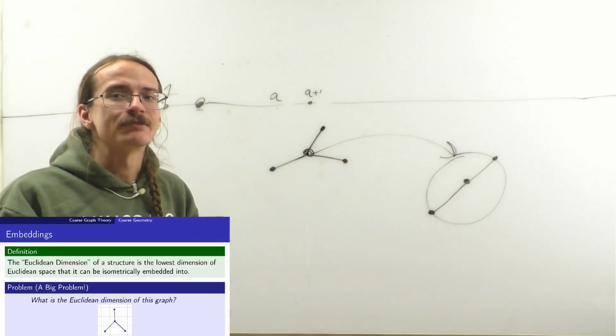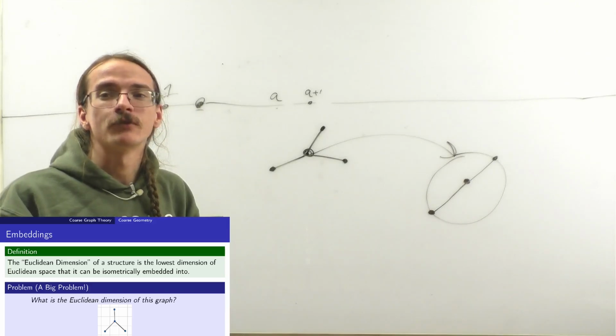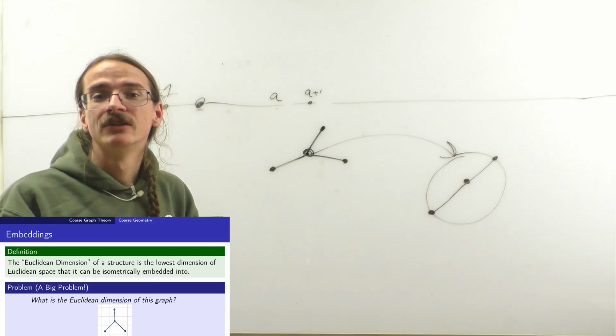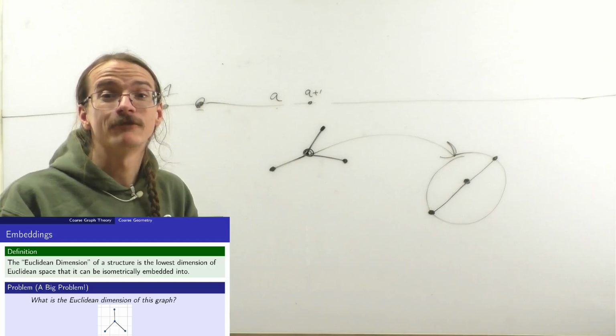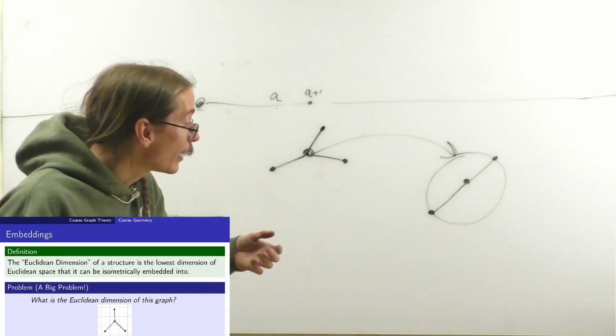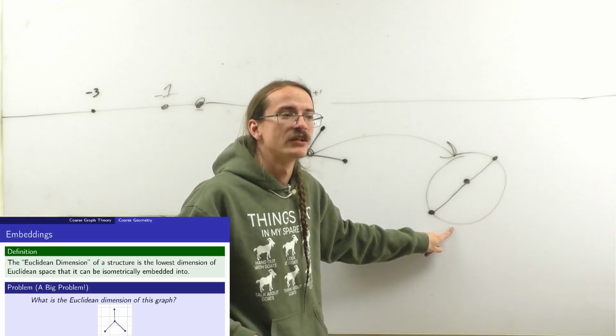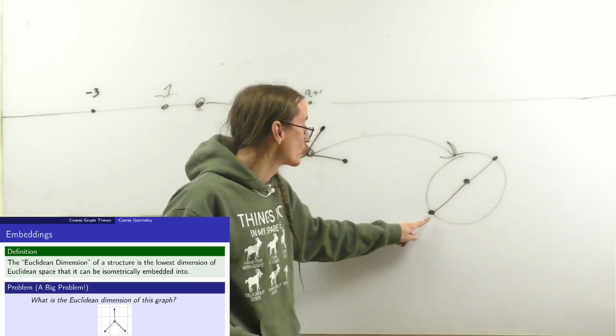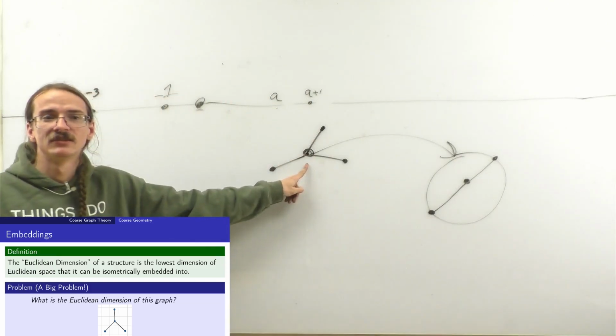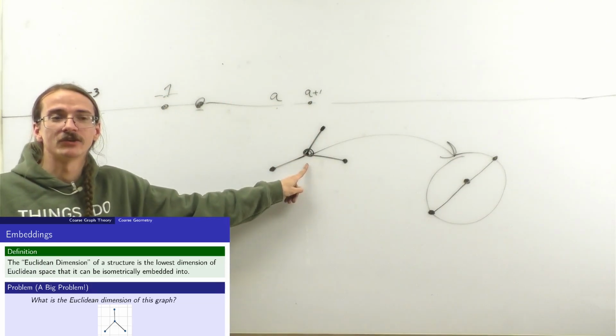Is it clear that this problem doesn't go away if I give myself 3 dimensions? This problem doesn't go away if I give myself 4 dimensions? No matter how many dimensions you give me, this circle only has 2 points diametrically opposite from each other. So I can never get 3 points all distance 2 away from each other on it.